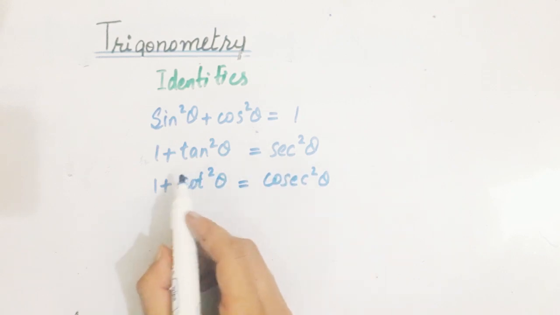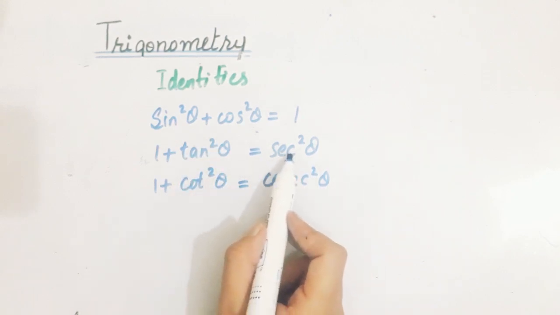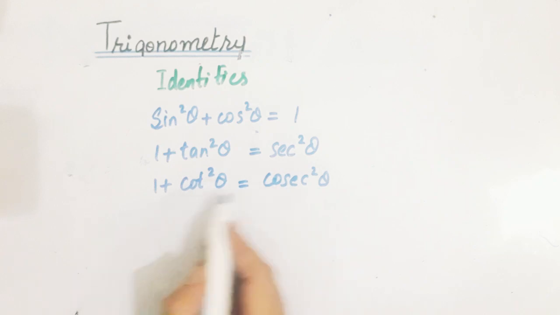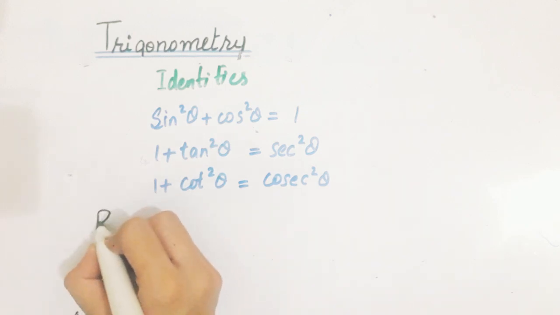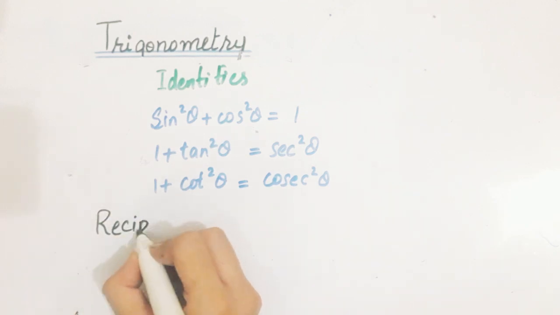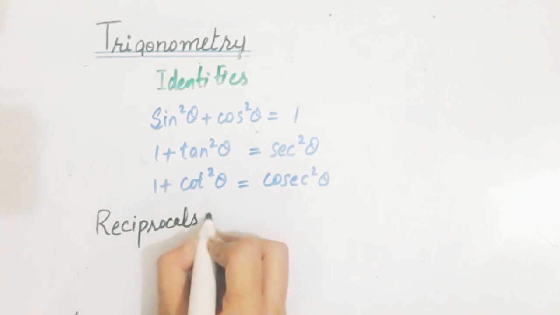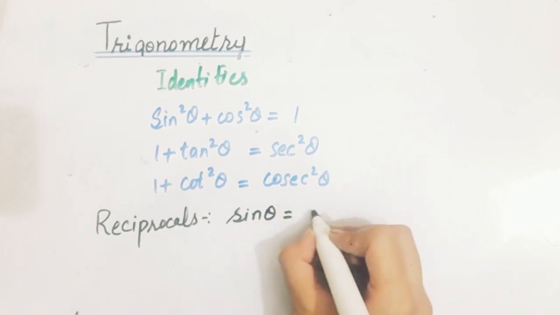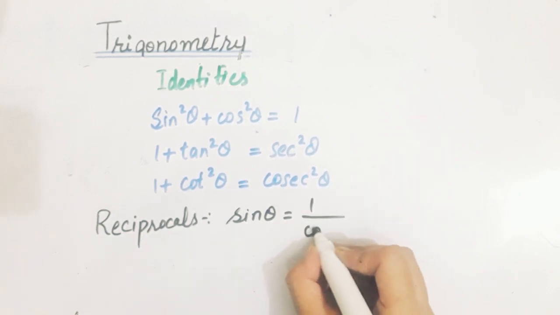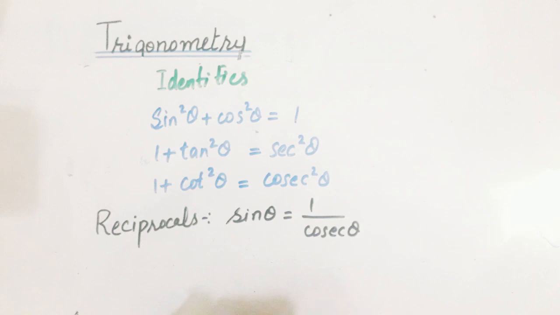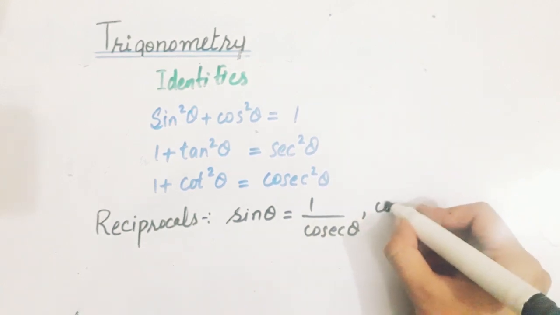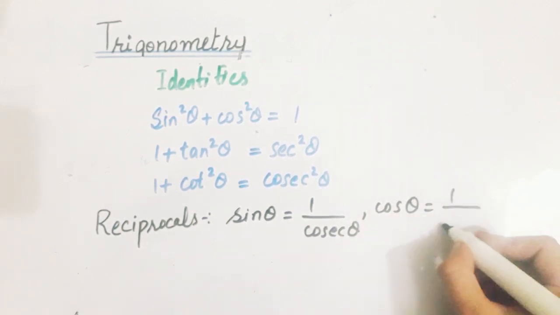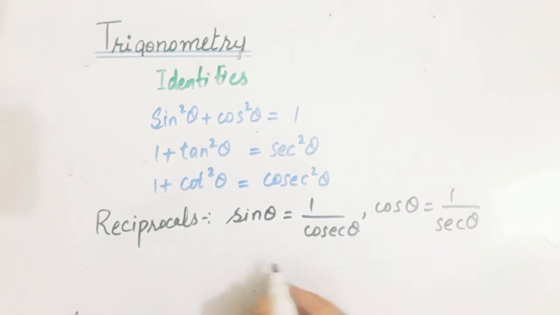Here is a question: what is secant theta, and what is cosecant theta? So here I will tell you about some reciprocals. You have to remember that sin theta equals 1 over cosecant theta and cos theta equals 1 over secant theta. So here is a trick.